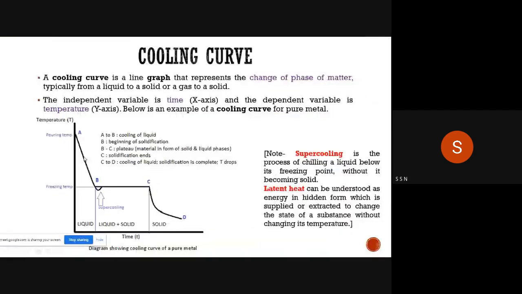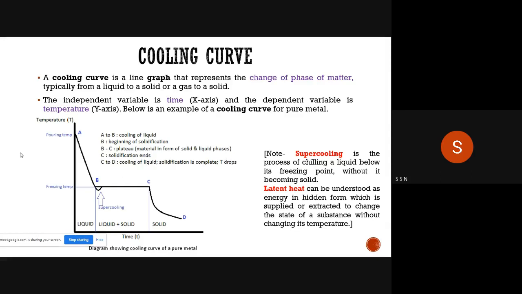From A to B, it is having liquid phase. Again, from B to C, it is having a combined phase called as a liquid and solid phase. From C to D, it is having a solid phase. At point A, it's at pouring temperature. What is the pouring temperature? Just now we have discussed.